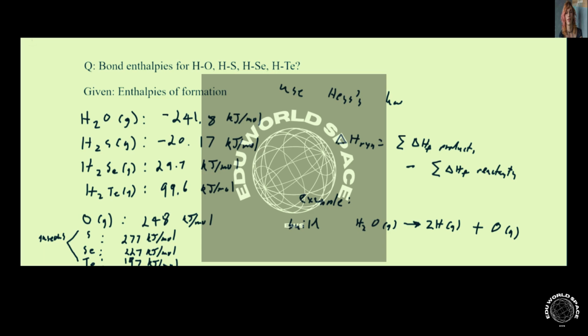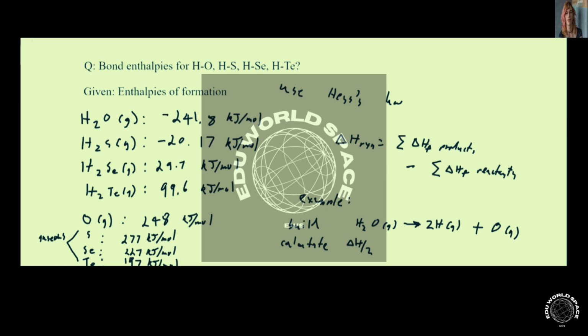And so if we get the enthalpy of this reaction, then divided by 2, we'll have our H–O bond enthalpy. So let's go take a look at how to do that.